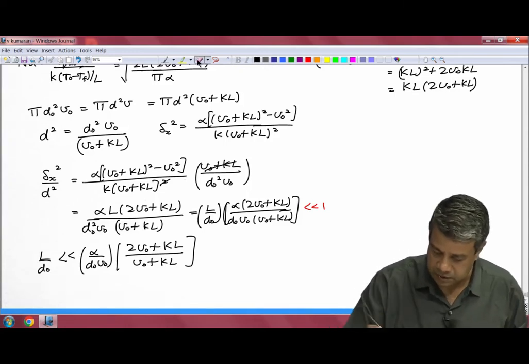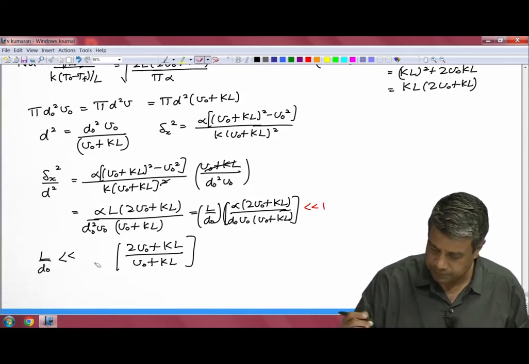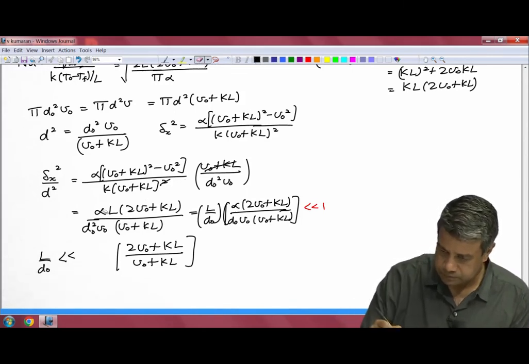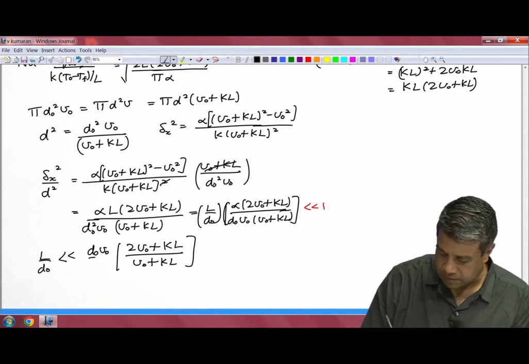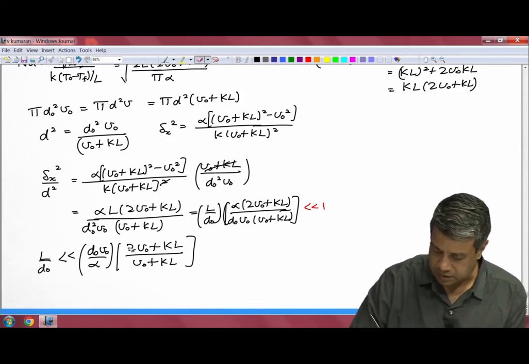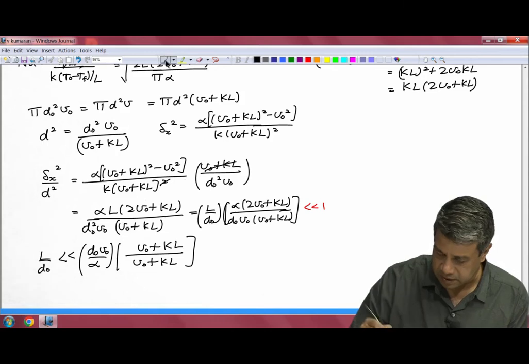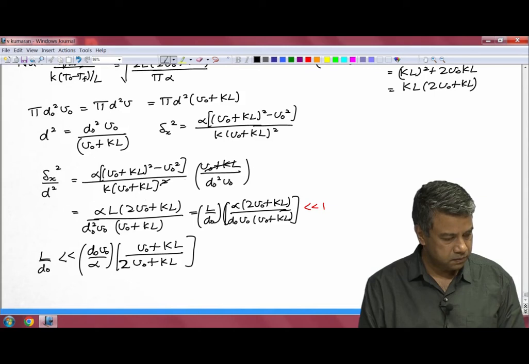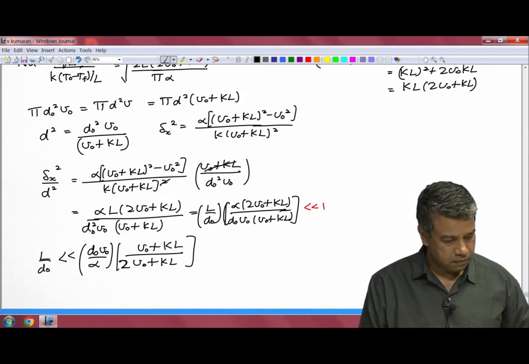So, this should be d naught V naught by alpha, and over here it should be the inverse of what I had there, 2 V naught plus K L.